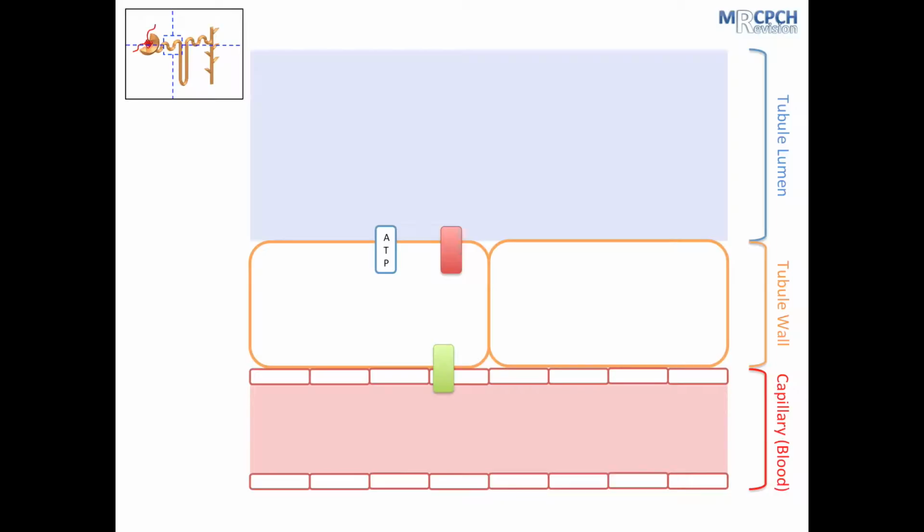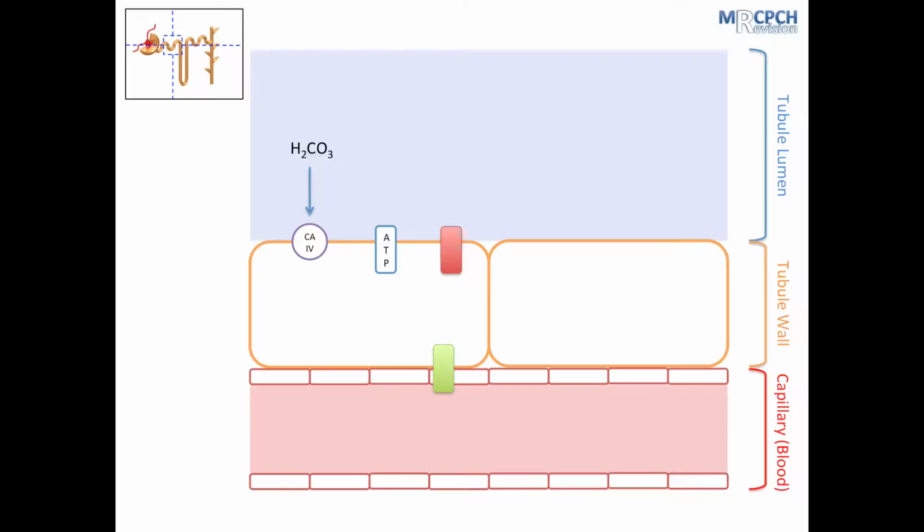At the glomerulus, protons and bicarbonate ions are freely filtered like this. And in the tubular lumen, they combine to form carbonic acid. On the luminal side of the tubular wall, the tubular cells have on their surface carbonic anhydrase 4.